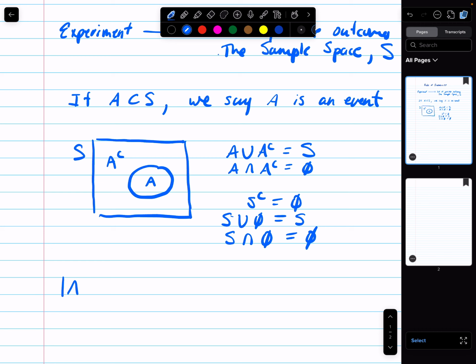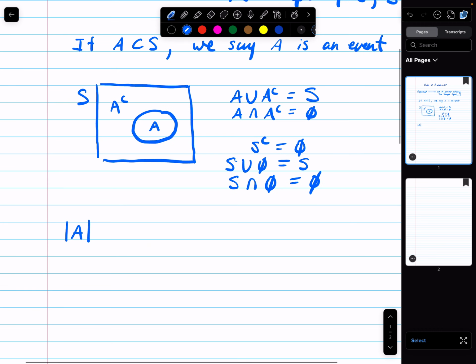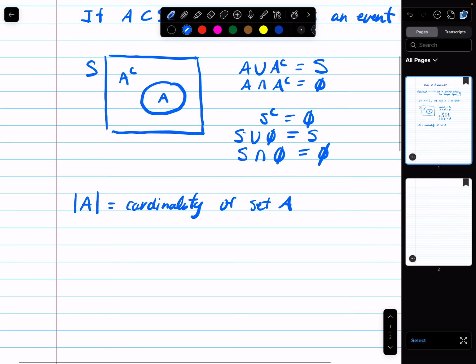Okay, we're going to use this notation right here, A with 2 bars on it, to be equal to the cardinality of set A. Let's look at a quick example.